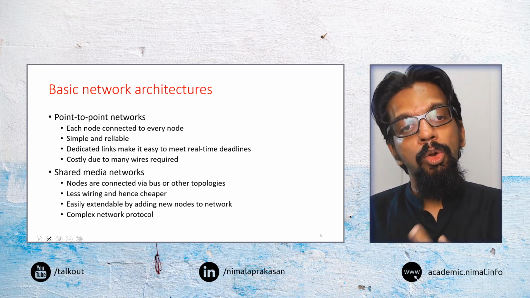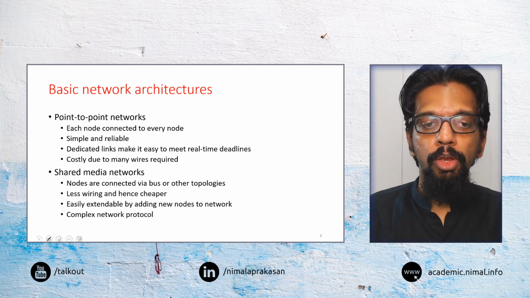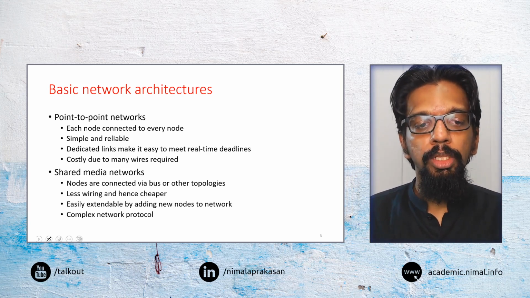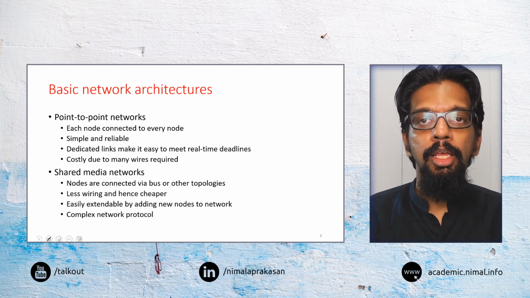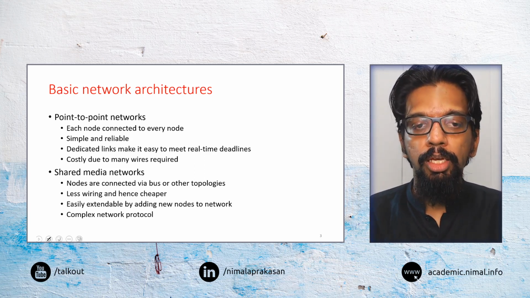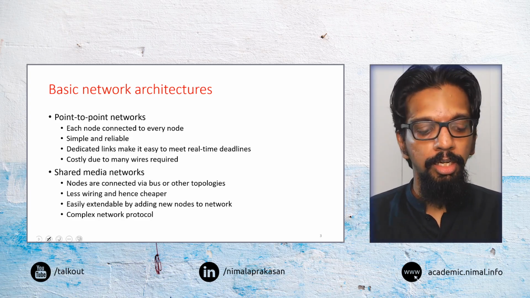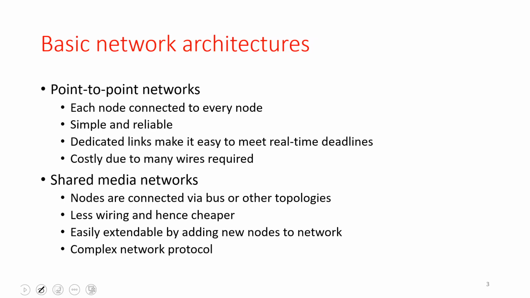Then an alternative approach, or the other way of connecting these nodes, could be through a shared medium. So that is like connecting through the internet, or some form of a shared medium that all these other devices can connect to. So this may be also similar to the approach of having a common bus. So here nodes are connected to this common bus or some form of a common network.